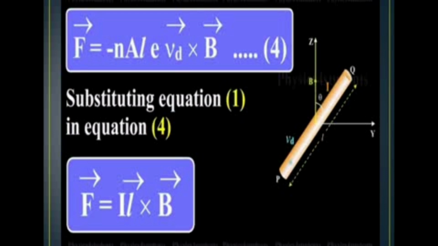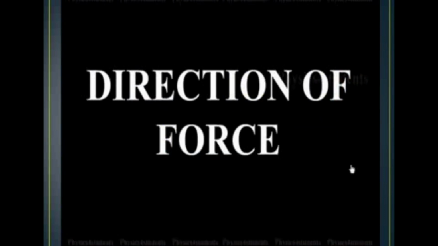Here theta is the angle between the conductor and the magnetic field. For a cross product we put sin theta, and for a dot product we would put cos theta. So the total force F is equal to BIL sin theta.